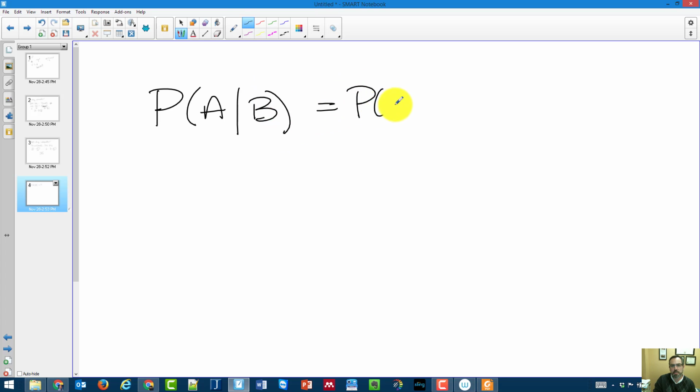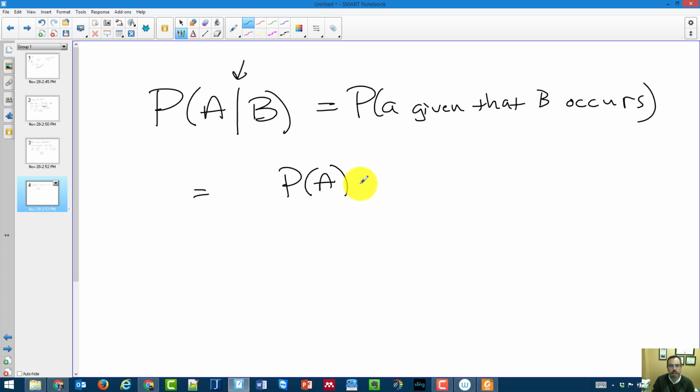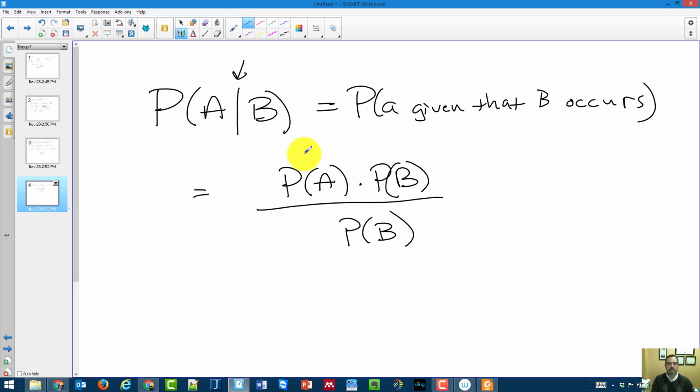So probability of A given that B occurs. That's kind of what this bar means right in here. And we said that in this case, it's the probability that A and B occur out of the entire probability that this happens. So in the case of our red card and a diamond, the probability of drawing a red diamond.